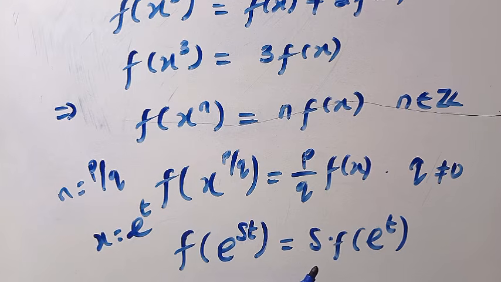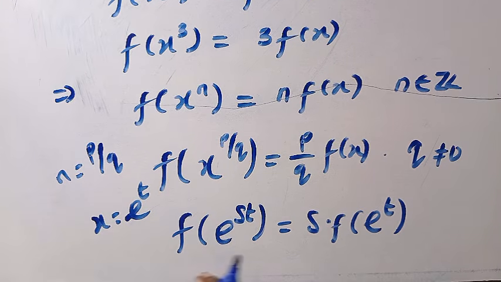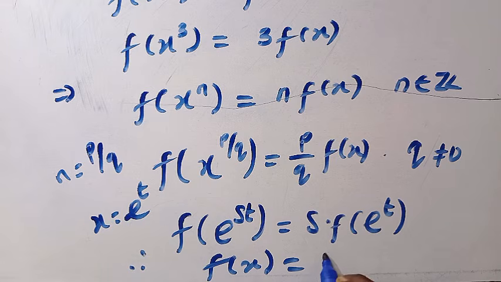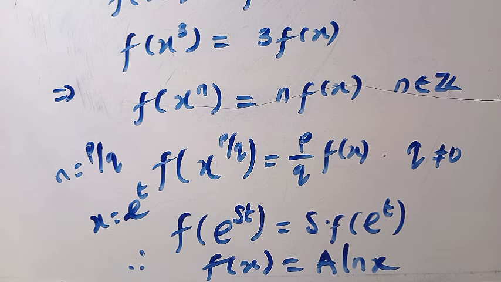From what we have here, we can conclude that for every x, f of x equals a multiplied by ln x.